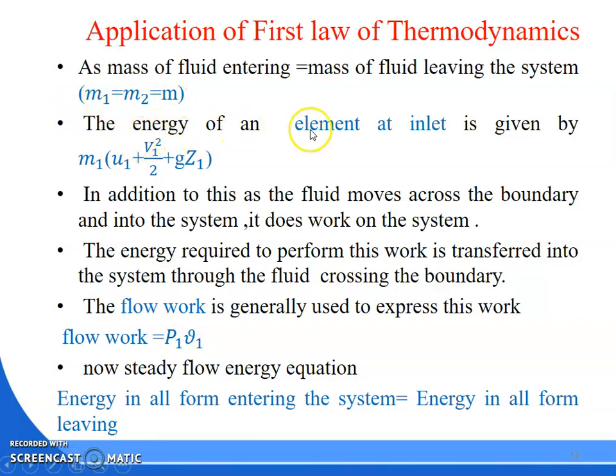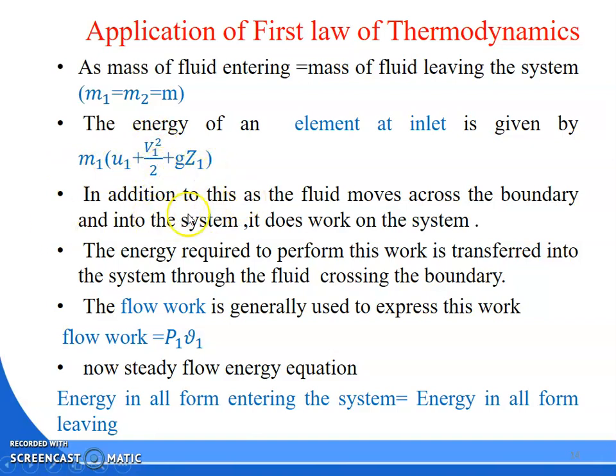The energy of an element at the inlet is given by: there is some mass M1 at the inlet, with internal energy, potential energy because of height Z1, and the fluid has some velocity V1, which gives kinetic energy. Taking mass as common, it is internal energy plus kinetic energy plus potential energy.